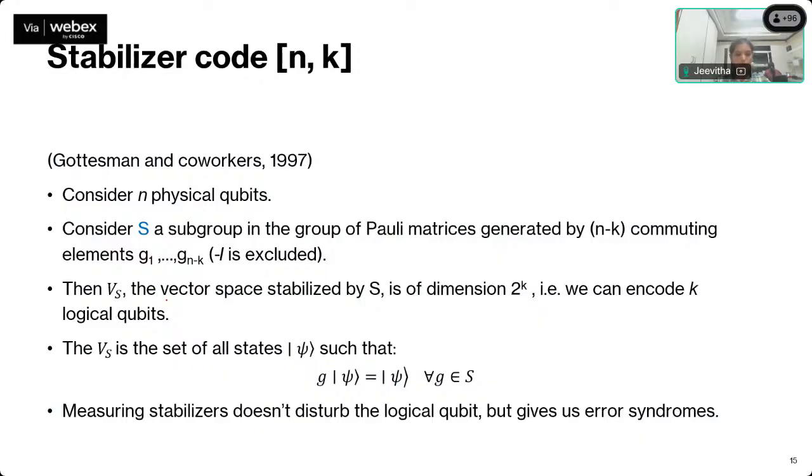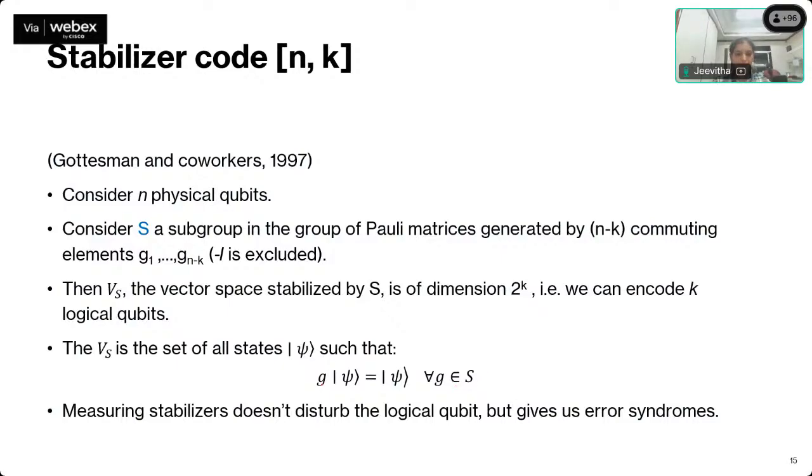If we define a vector space, the vector space is stabilized by S, the stabilizer group. So if I take a state psi and multiply it with G, where G belongs to the stabilizer group, it means that G is a stabilizer.